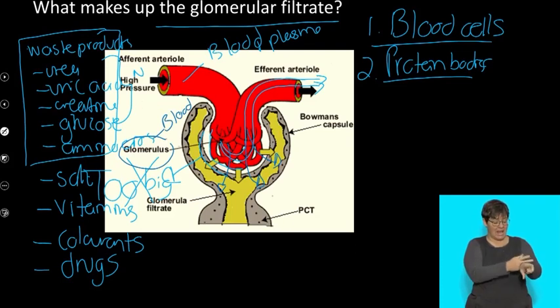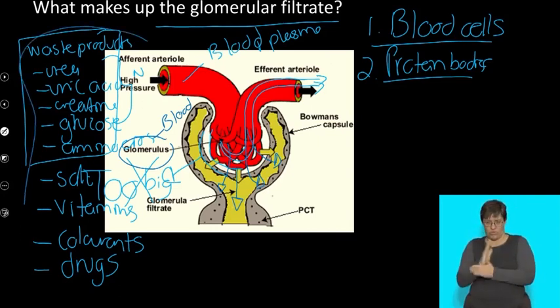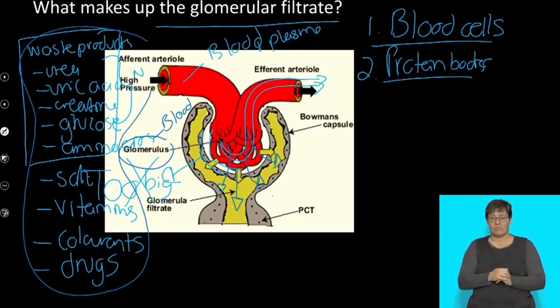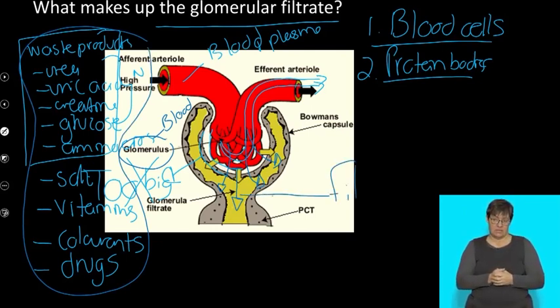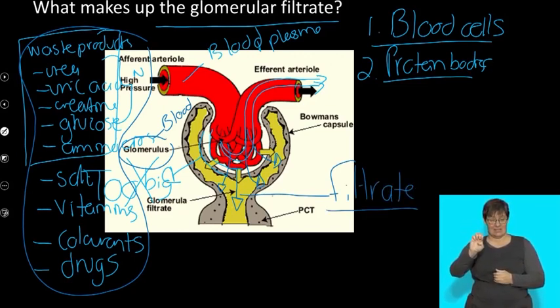They're going to move out of the blood, and they are going to move into the nephron. All of this stuff that's moved to it, moves into this and is now called the filtrate. And this is now going to move through the rest of the nephron.